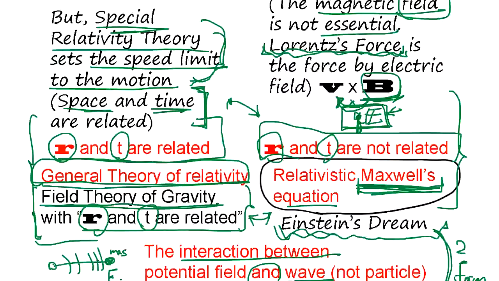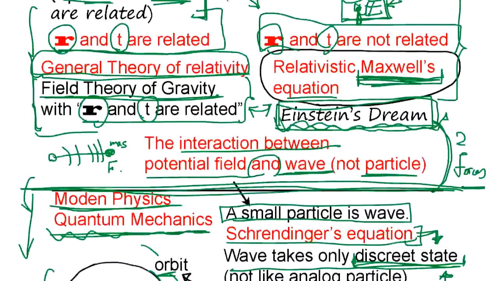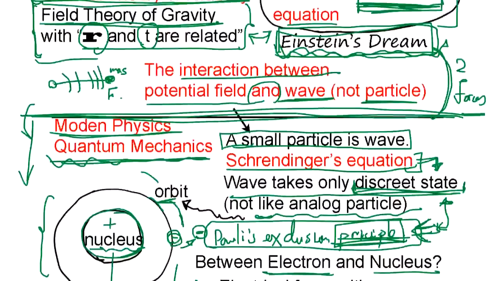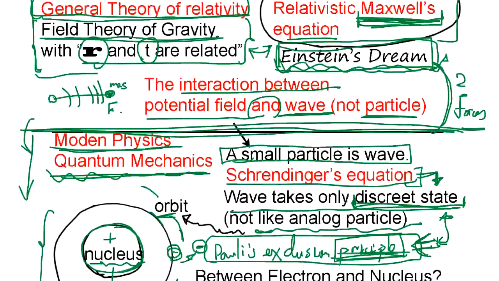That was Einstein's dream, and he worked on this, but he couldn't finish it before he passed away. Okay, so I hope you understand the classical physics that you learn, and the boundary between classical physics and modern physics.